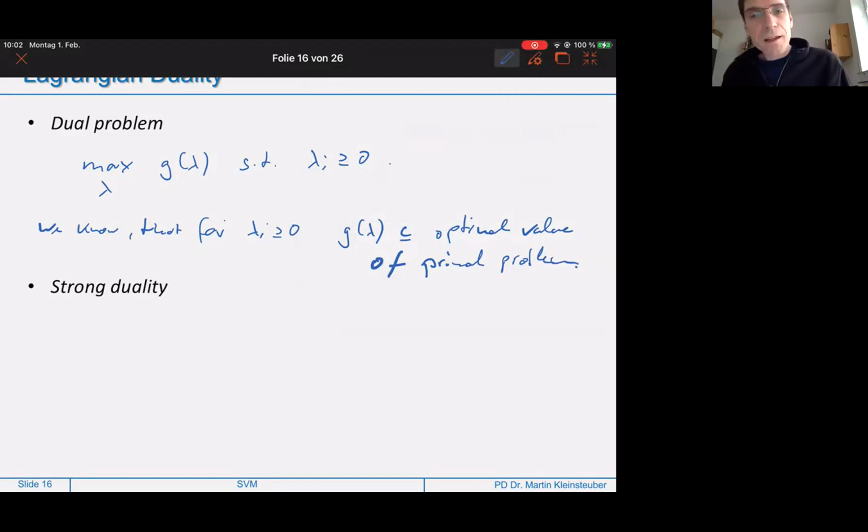Okay, and if we are happy or lucky, then we can find a lambda star where this gap goes to 0, so where we actually have an equality sign. And this is then called strong duality.